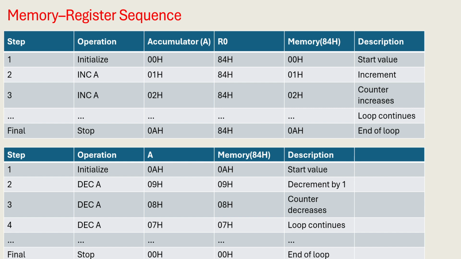As we can see in the decrement loop, A starts from 0Ah and decreases step by step to 00h. Each new value is again stored at 84h. This clearly shows the synchronization between the accumulator and the memory location during each iteration.